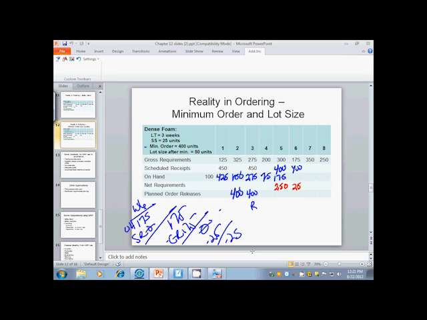So if we redo week 6, we had on hand 175. We now have a scheduled receipt of 400. That gives us 575 minus 175 that we're going to use, which leaves us 400 left over. Is 400 greater than 25, satisfying our safety stock? Sure is. So we're good to go there.